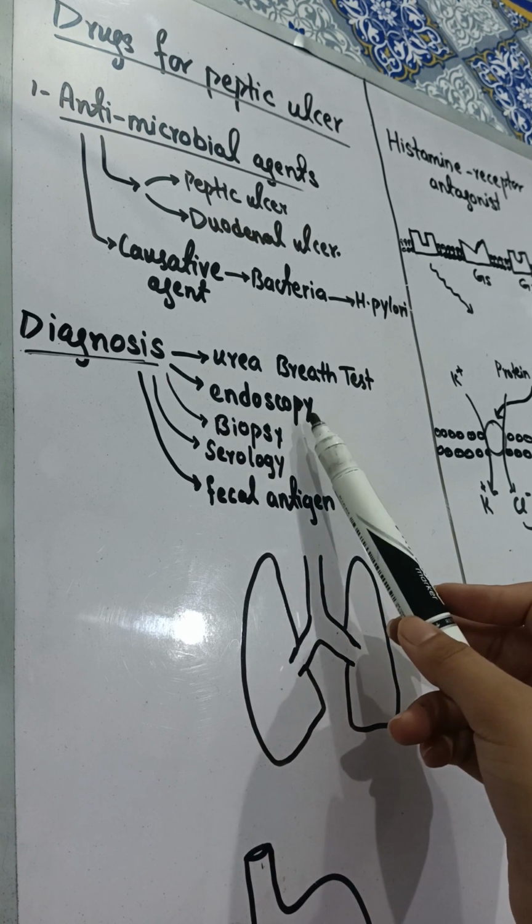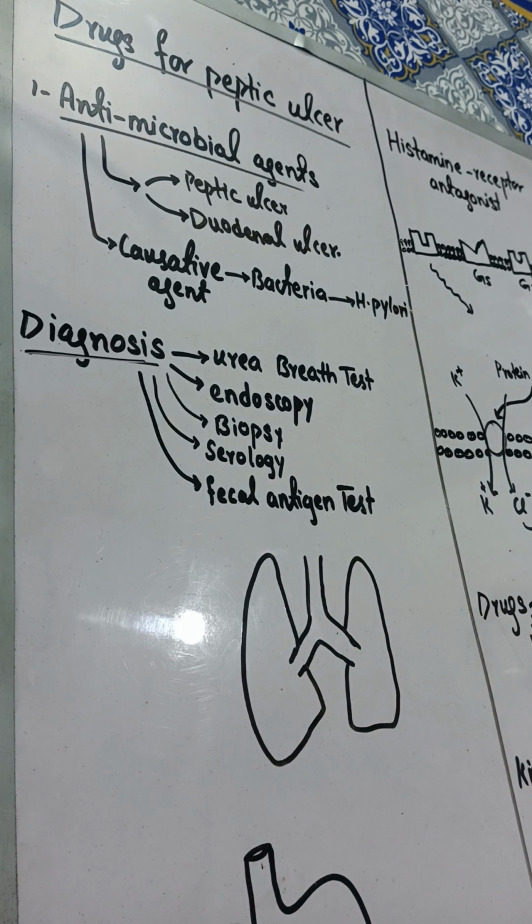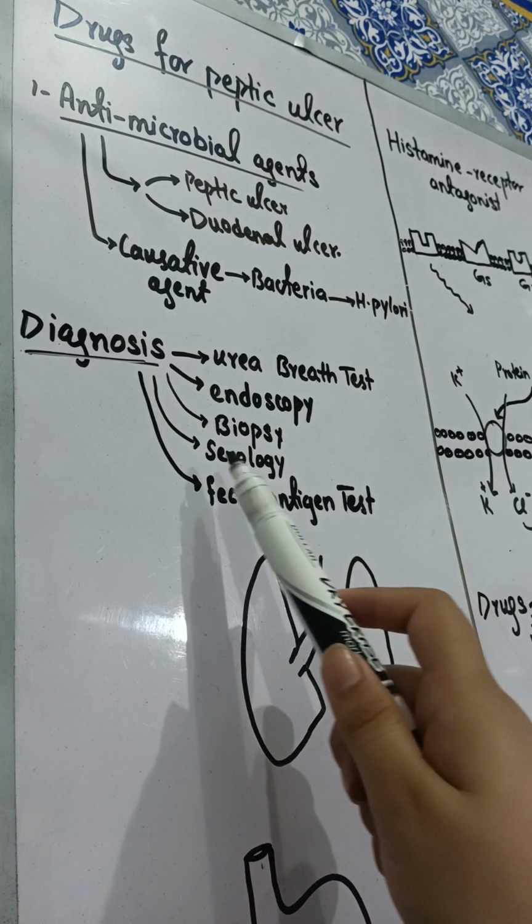Endoscopy is a method in which we introduce a tube-like structure into the patient's body through the mouth, and this tube has a camera on one end. From this camera the doctor examines whether the patient has ulcer or not. Next is the biopsy.